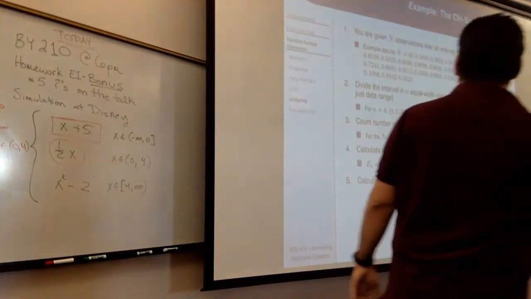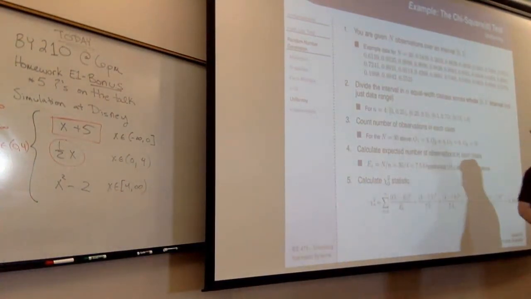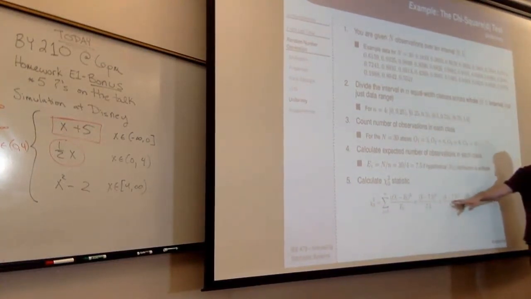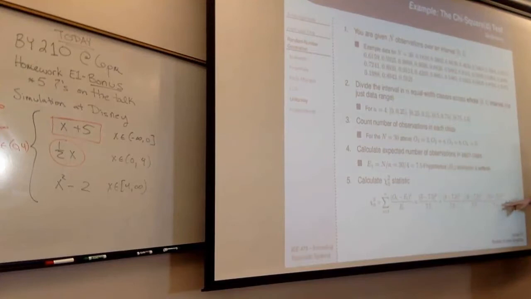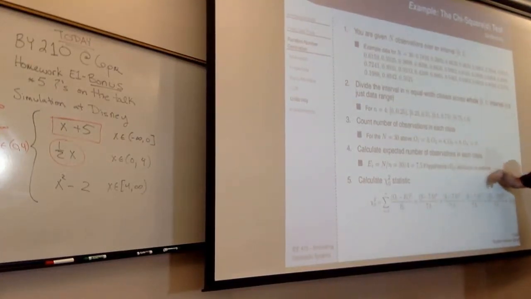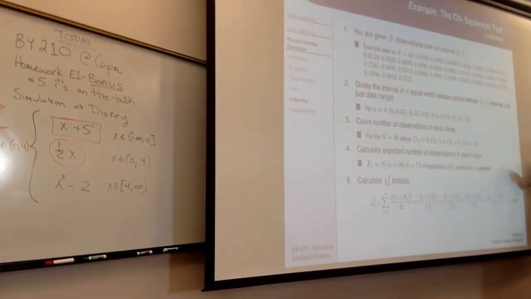So that allows me to calculate the chi-squared statistic, which is just a sum of 4 numbers: the deviation for the low subinterval, the deviation for the 2 middle ones, and the deviation for the outer one. I see the observed numbers, 3, 4, 8, 15, and the expected numbers, 7.5 each, all divided by 7.5. And that gives me this number out here, 11.8667. That's my chi-squared statistic for this.